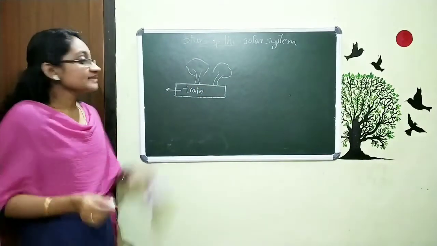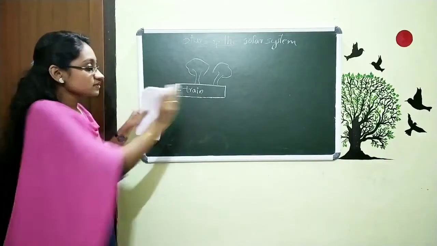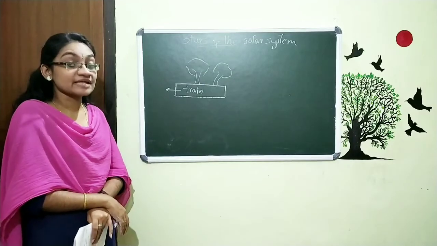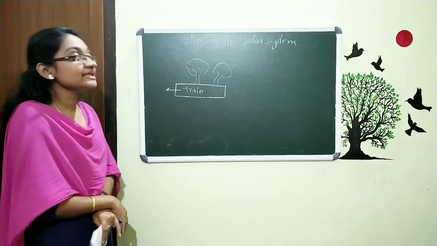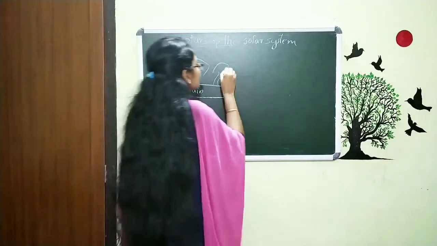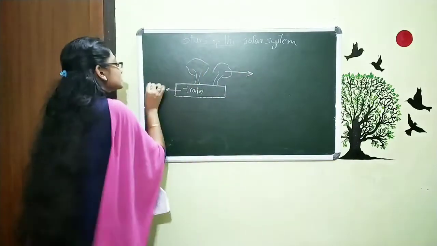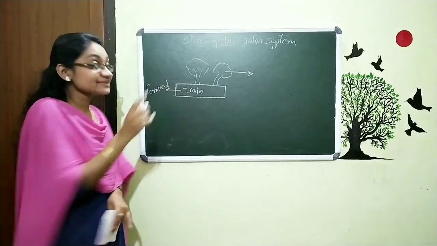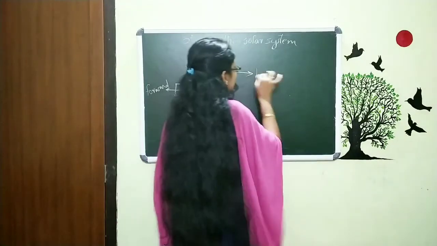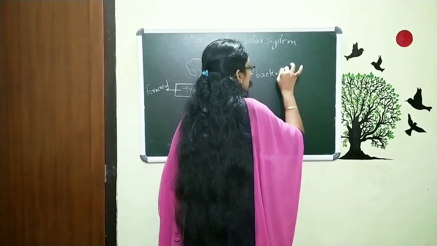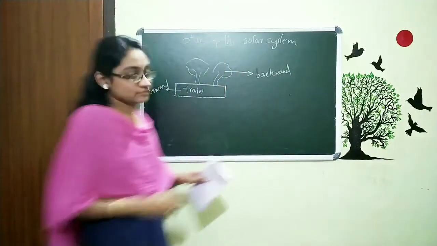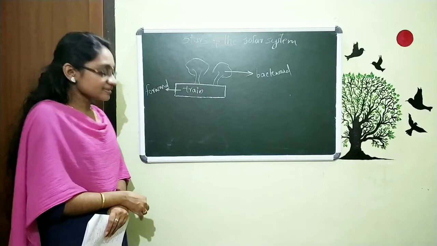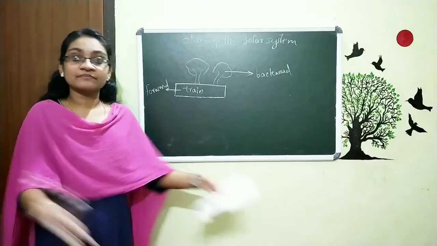What you feel at the background of this railway station and all, these trees are moving in which direction? We feel like these trees are moving in the backward direction. When I am moving forward, then we feel like these trees are moving backward. So, actually, when we are sitting in the train, we feel like these trees are running back.